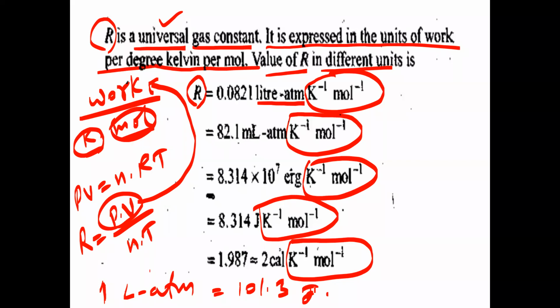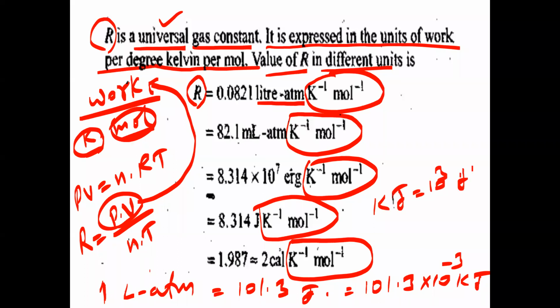Remember. Is that clear? That is equal to 101.3 into 10 power minus 3 kilojoules. Because 1 kilojoule is equal to 10 power 3 joules, kilo meaning 1000.